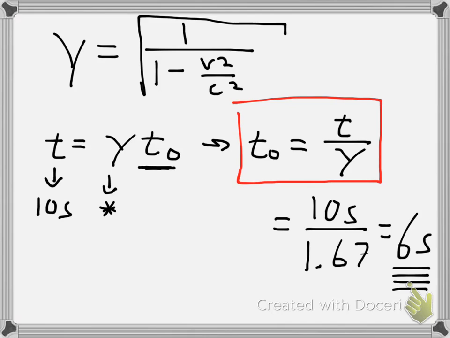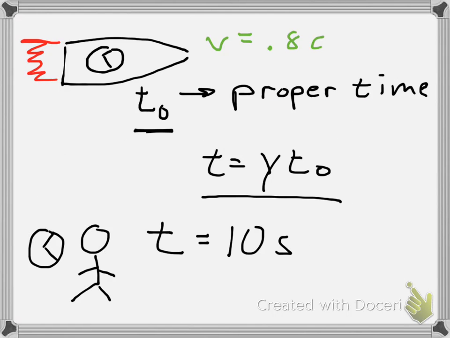So that's the math. Let's talk about physically what that means, which I've touched on already, but just to recap, because this can be kind of confusing. That means, as I'm watching this rocket ship go by, and I get my telescope and zoom in on this astronaut's watch, if I click off 10 seconds on my watch, what I see click off on his watch is 6 seconds.